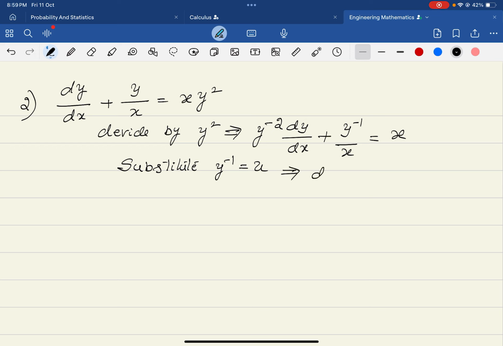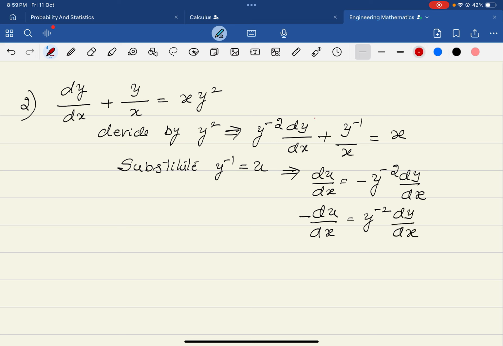That is du by dx is given by minus 1 times y power minus 2 dy by dx. So now look at the equation. y power minus 2 dy by dx is du by dx. So minus du by dx we can write, right? So minus du by dx is given by y power minus 2 times dy by dx.